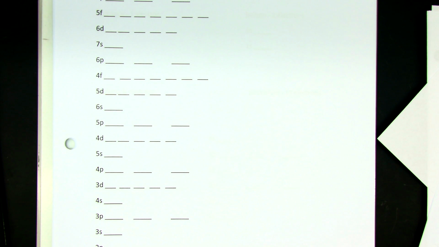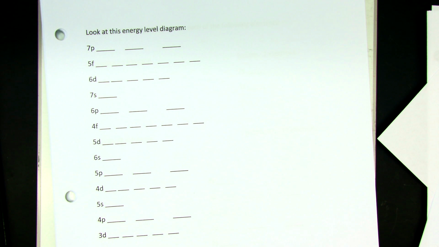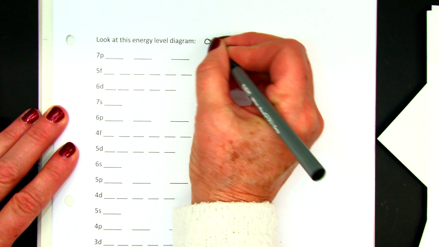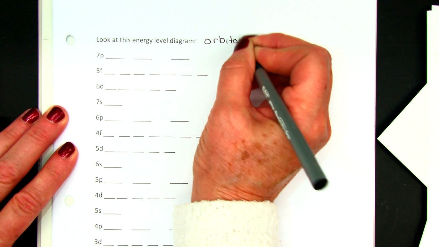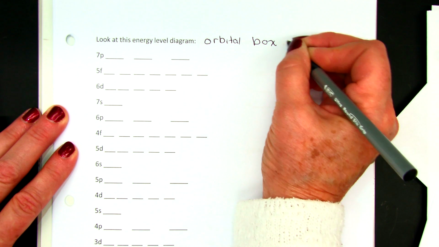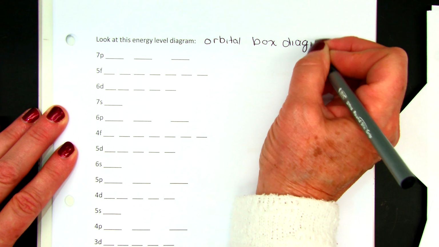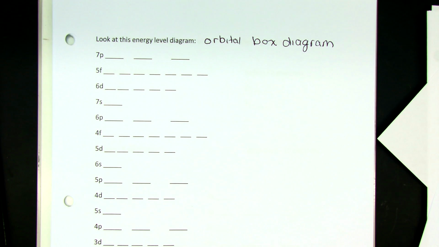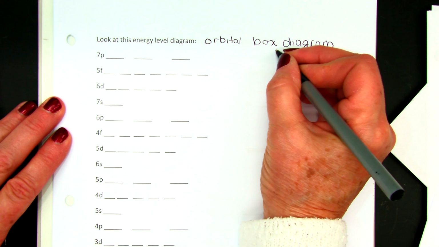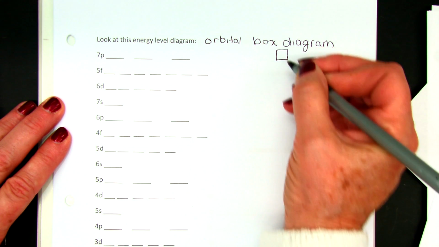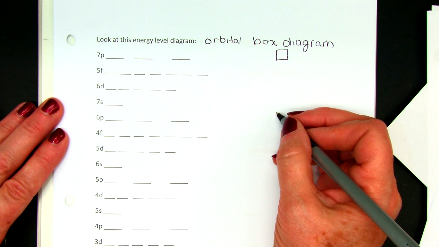Let's look at how we draw an energy level diagram. The energy level diagram is sometimes also called the orbital box diagram. As you're reading different sources, sometimes you will see in textbooks that they have little boxes that represent the orbitals.